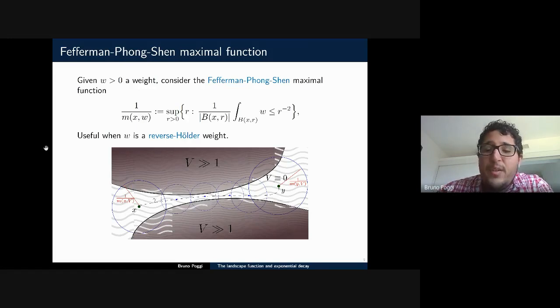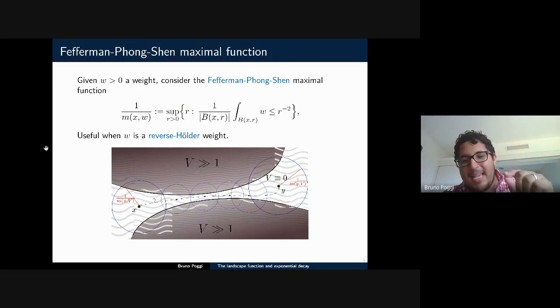Then if you took the Agmon distance that Agmon takes, for example, the problem is that it collapses the points X and Y to the same point, right? The Agmon distance would tell you that the distance between X and Y is 0 because the potential is 0 on a path that connects X and Y.